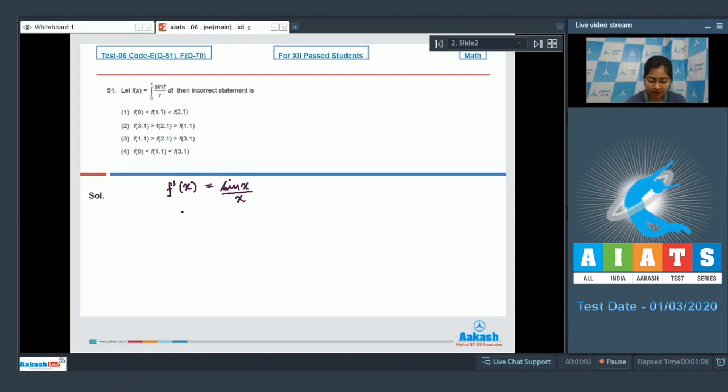Now if we talk about the interval for x belonging from 0 to pi, sin x is in the first or second quadrant, that is, sin x is positive and x is also positive, which means for this interval f'(x) is greater than 0, which means f(x) is an increasing function.